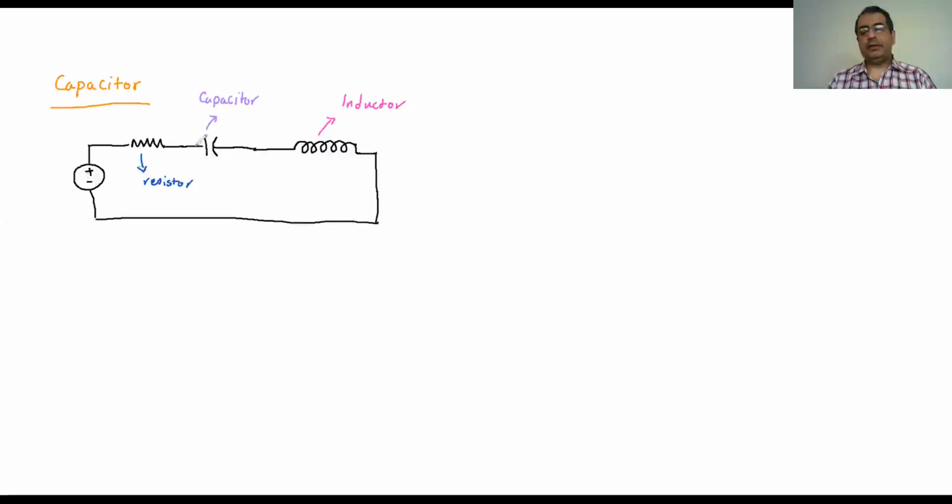You may say, okay, what's the difference between the capacitor and the battery, or the inductor and battery? The difference is that the battery can store lots of energy and then release it over time. The capacitor or the inductor can store the energy very fast and can release it very fast, but they cannot store as much energy as the battery. They can store the energy instantly and release the energy instantly.